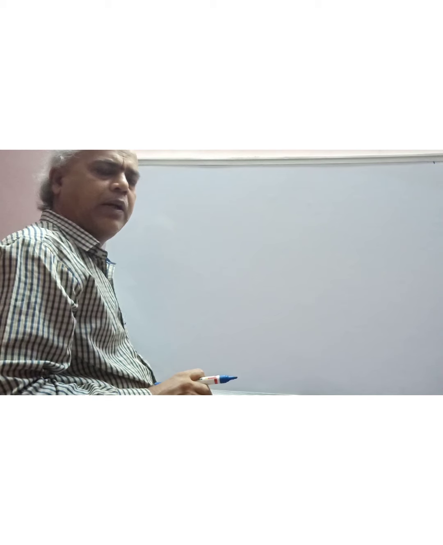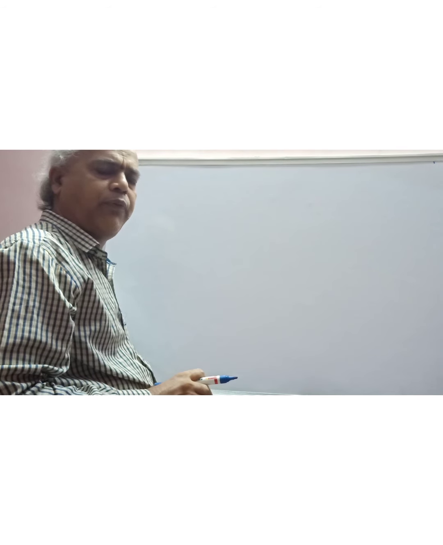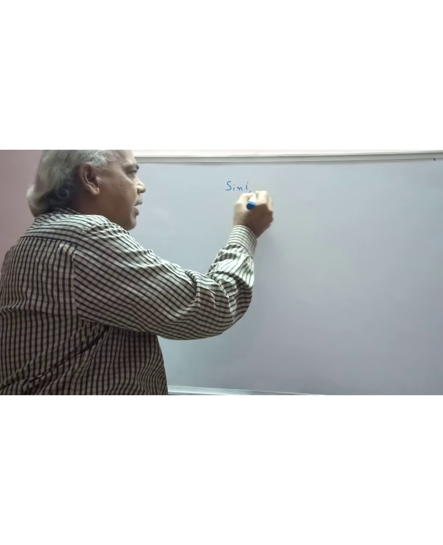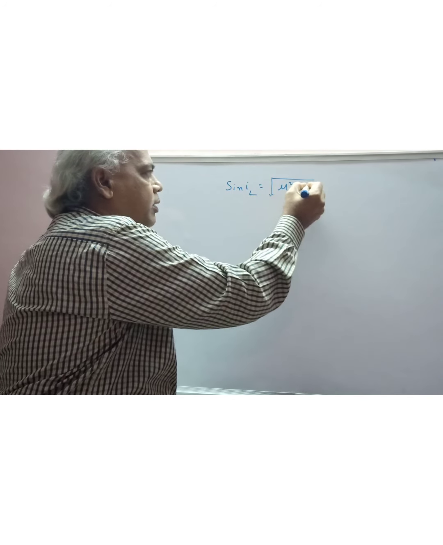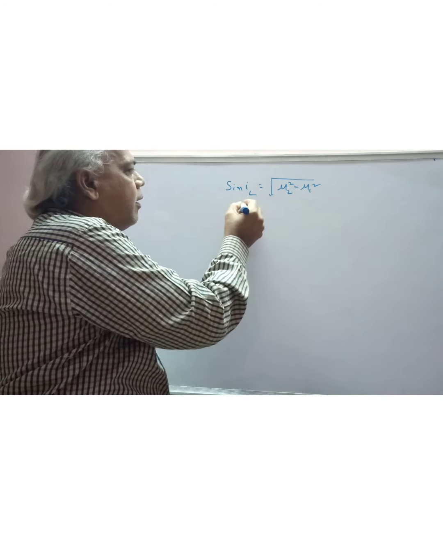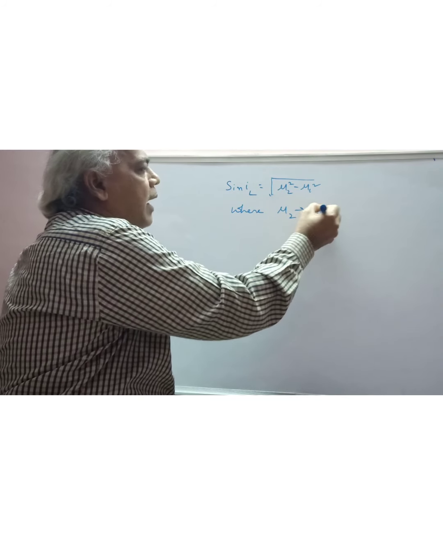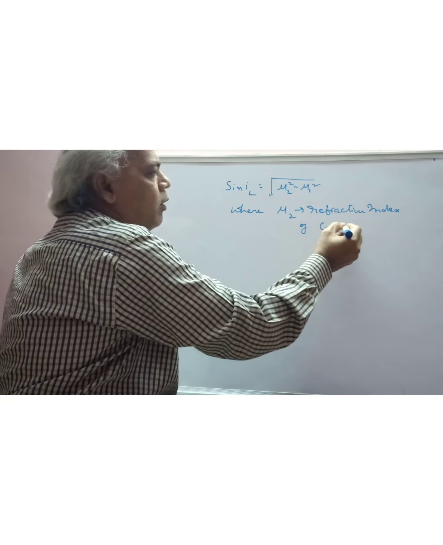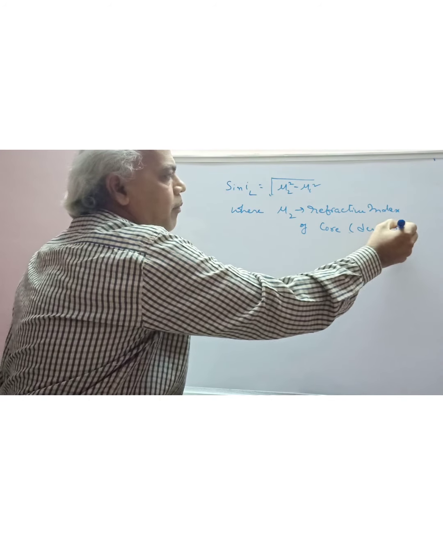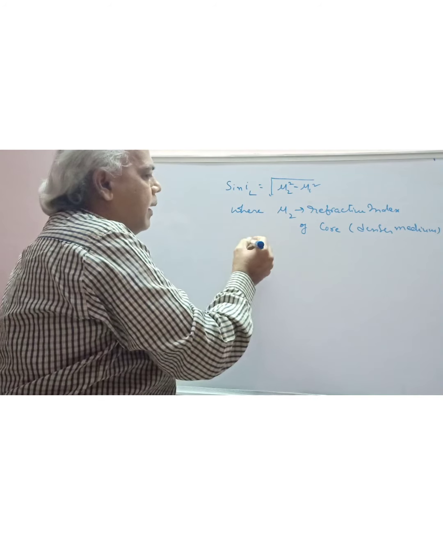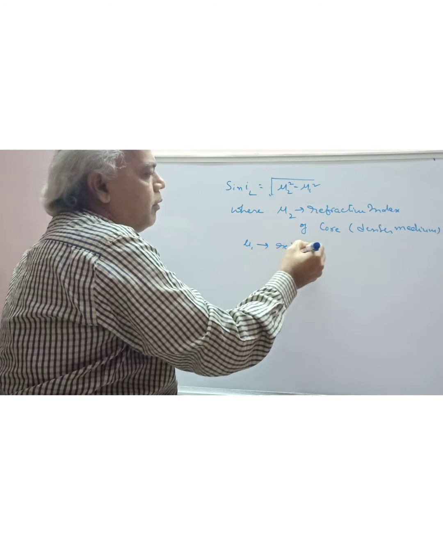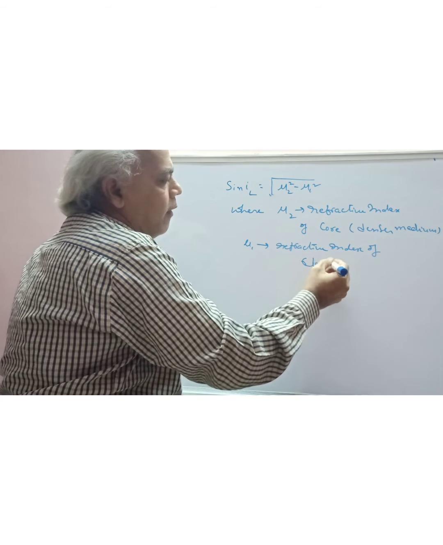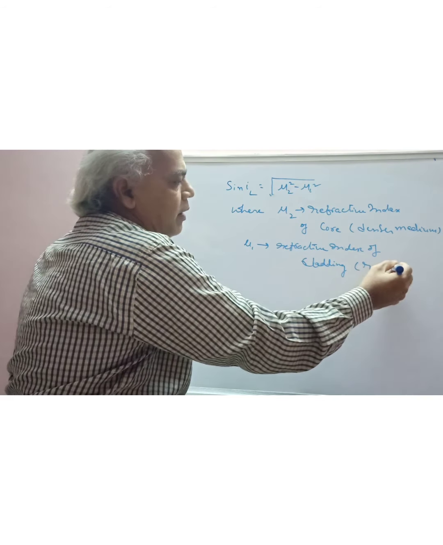In optical fiber, the ray of light undergoes total internal reflection that depends on the launching angle, that is sin i_L equal to root of mu 2 square minus mu 1 square, where mu 2 is the refractive index of the core, that is the denser medium, and mu 1 is the refractive index of the cladding, that is the rarer medium.